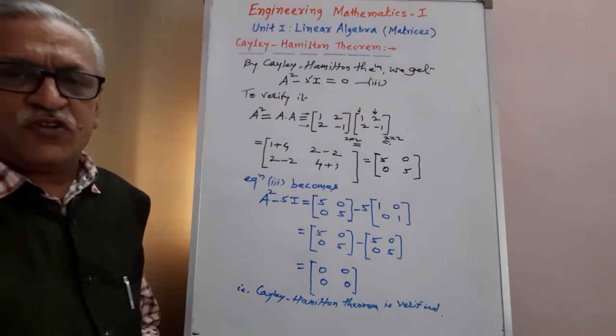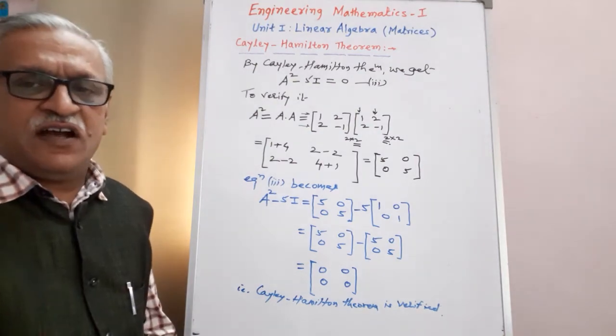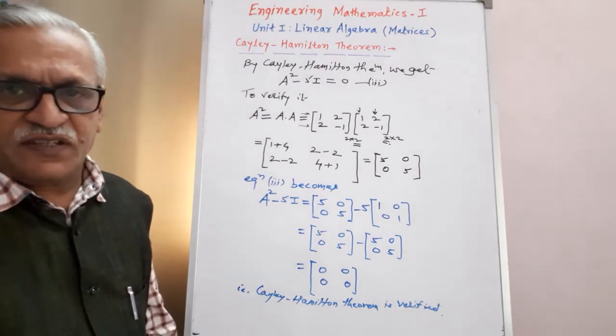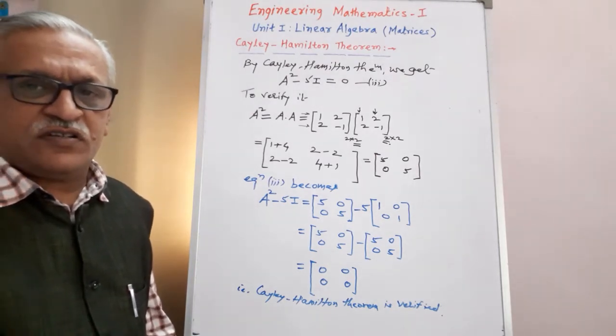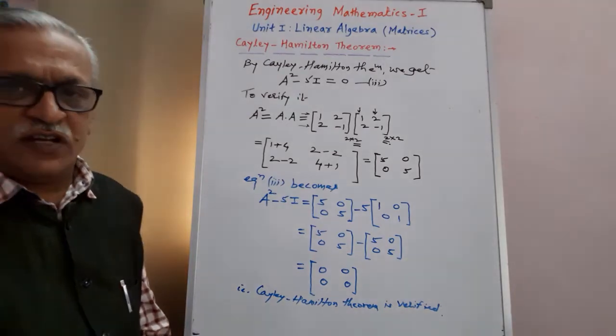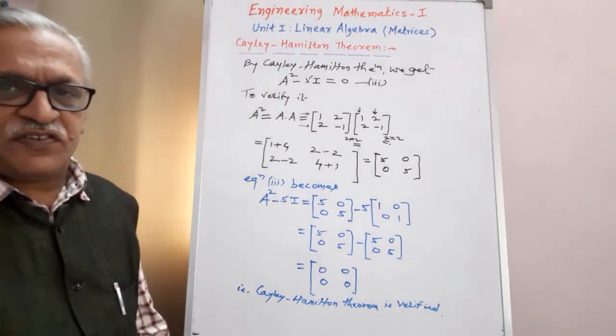I will repeat in short what steps we have to perform. First step, try to get the characteristic equation. If it is of order 2 by 2, we get a second order equation. If we have a 3 by 3 matrix, we get a cubic equation.